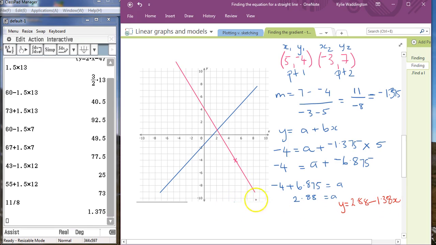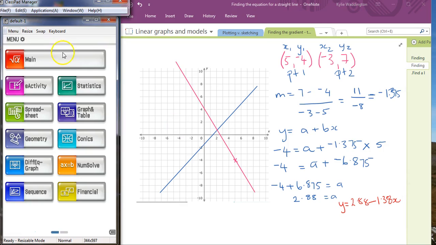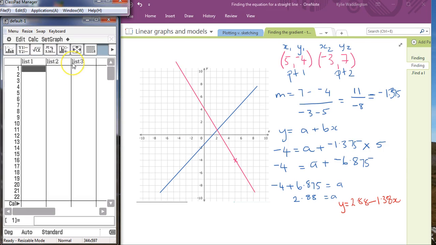And to prove it, we do it on the calculator as well. So again, you go into statistics, you enter your data points.